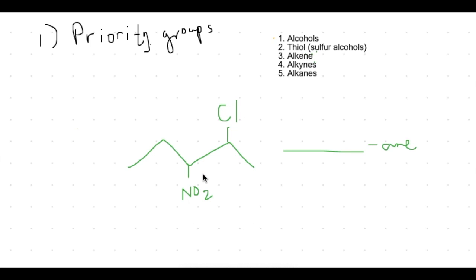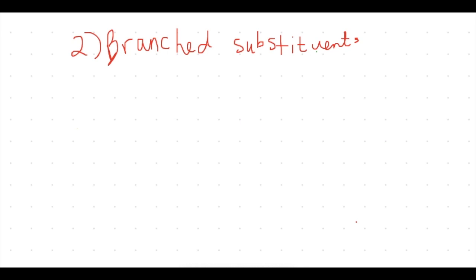If we have any halogens or nitro groups on our shape, and there are a couple other substituents that might fall into this category, we are going to just name the shape as an alkane, because putting a nitro group or a halogen, such as chlorine here or maybe bromine, is not going to change the actual functional family. It's still an alkane.